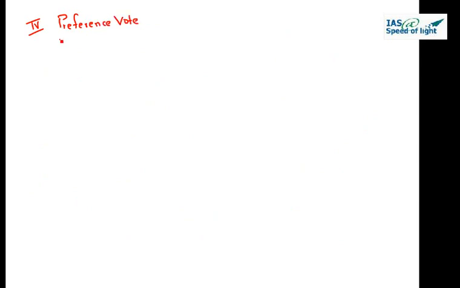Now in this, suppose there are 4 candidates for the presidency. The first one is Ram. The second one, let us say Shyam. The third one, Ali. And the fourth one, Peter. So these are the 4 candidates. This ballot is given to all the people who are participating in the election of the president, and they give the preference.